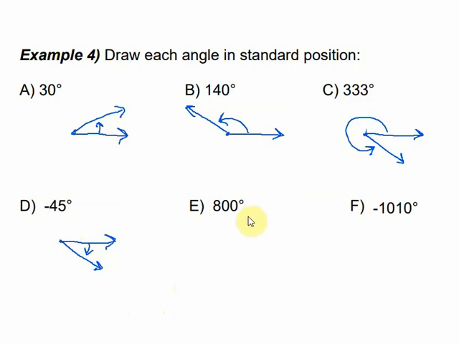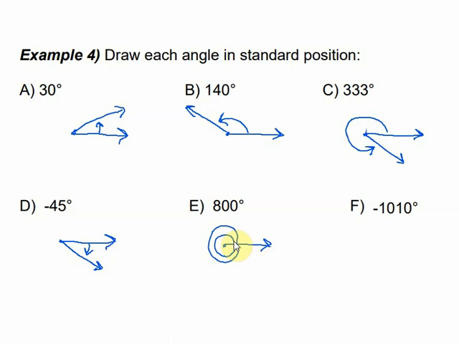Okay, 800 degrees would be if we were to travel around our circle. First of all, let's write our initial side. Now, if we travel around our circle one rotation, that's 360 degrees. If we travel around it another rotation, that would be 720 degrees.